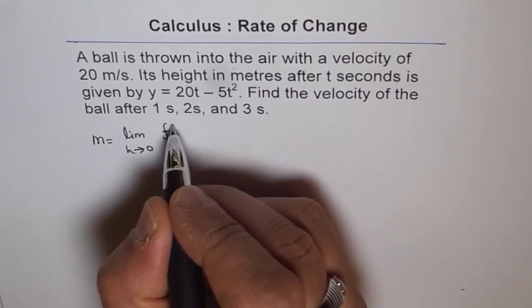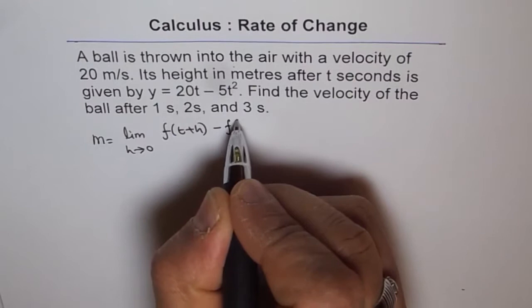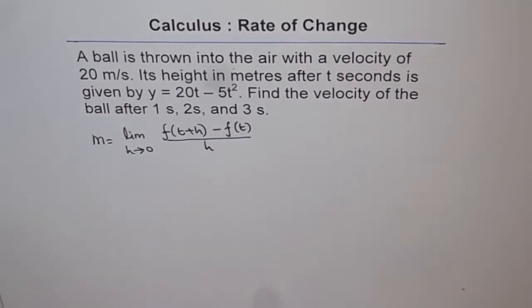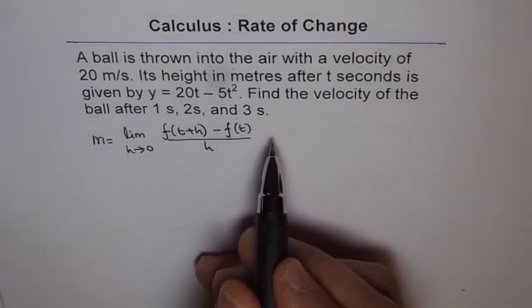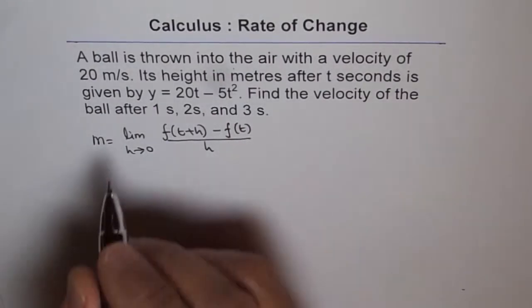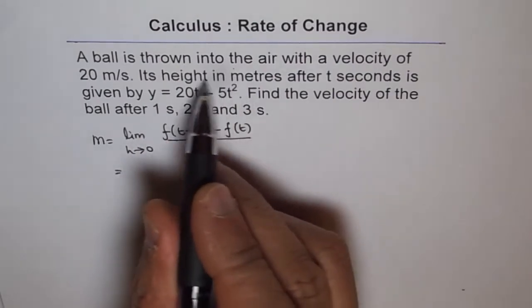So we'll say f of t plus h minus f of t over h. So t is any general point t. I could have written a and then substituted for a, but I'm just keeping it simple. So I'm just writing t at present, so any general point t on this function.